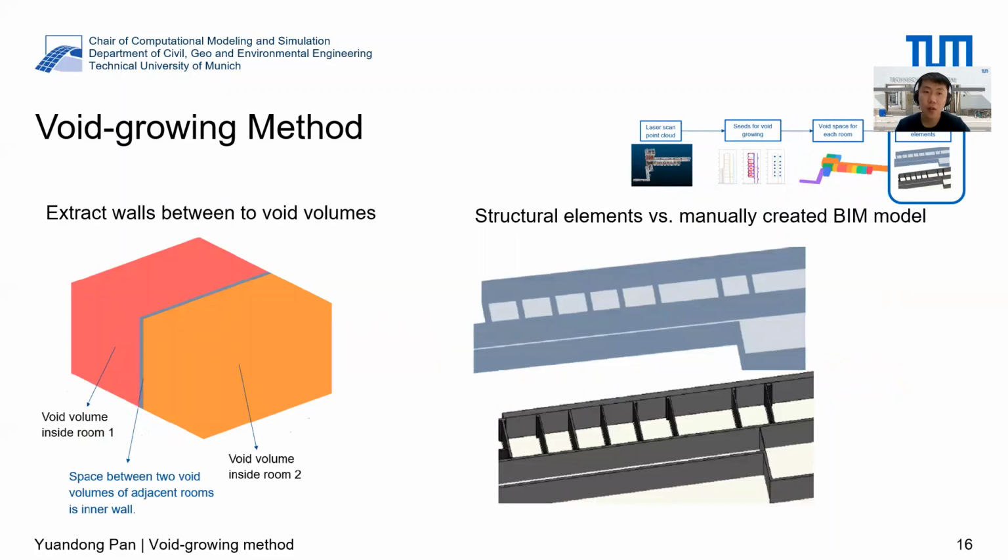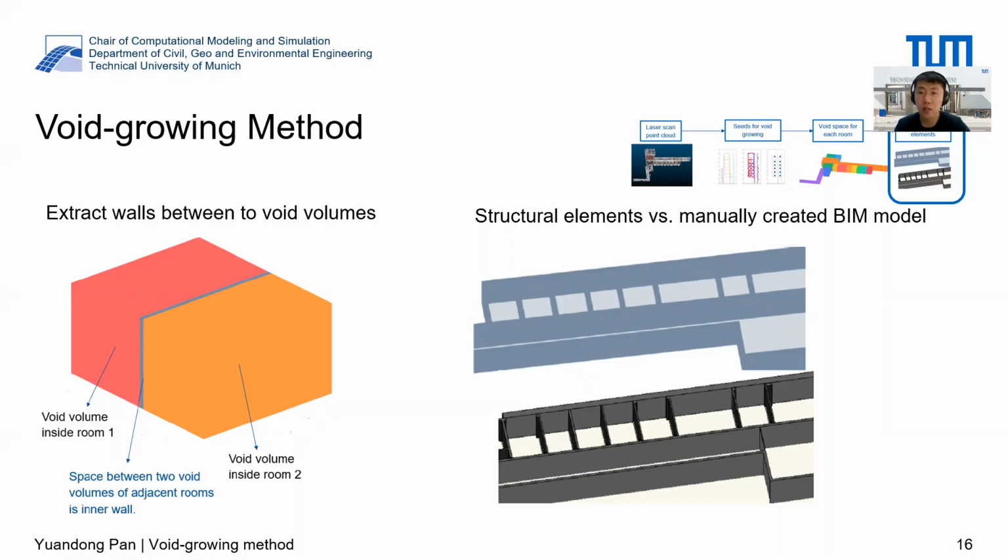The last step in our pipeline is to extract the elements we want to reconstruct from the cuboids generated in the last step. We use different strategies for different kinds of structural elements. For ceilings, floors, and outer walls, we usually only collect data inside the room, so the other side cannot be captured.